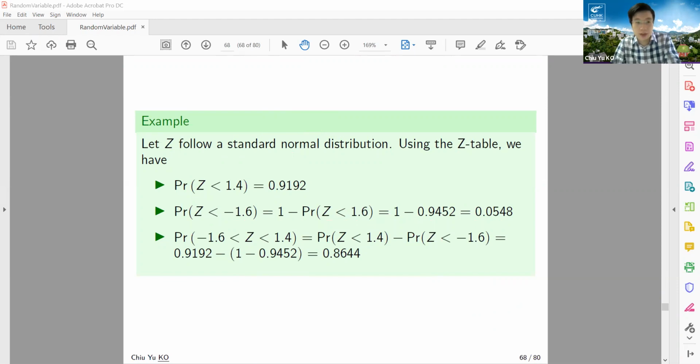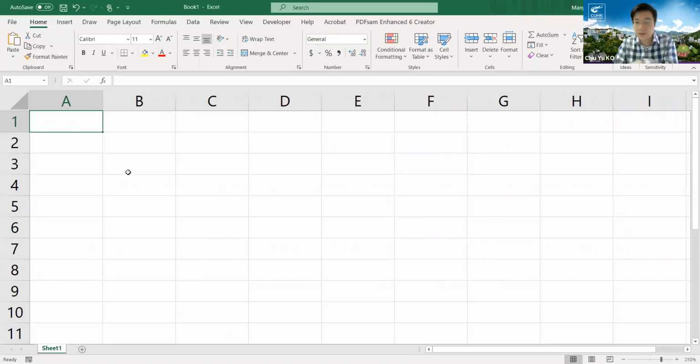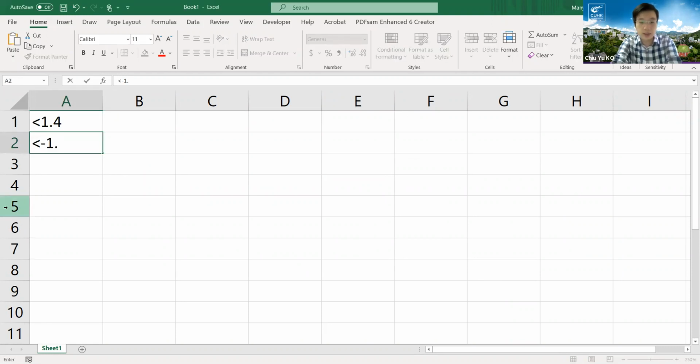So let's open Excel. Let me share the screen with you. I hope you can see my spreadsheet. Can you see my spreadsheet? Is that okay? Yes. So I think the first question is less than 1.4. The other questions, there are 3 questions here: less than negative 1.6, and that is what we want to find.